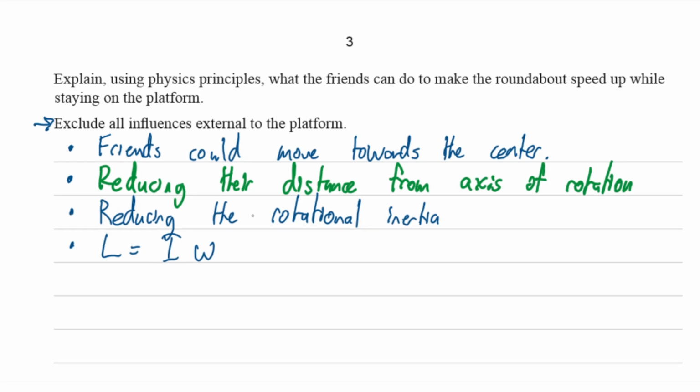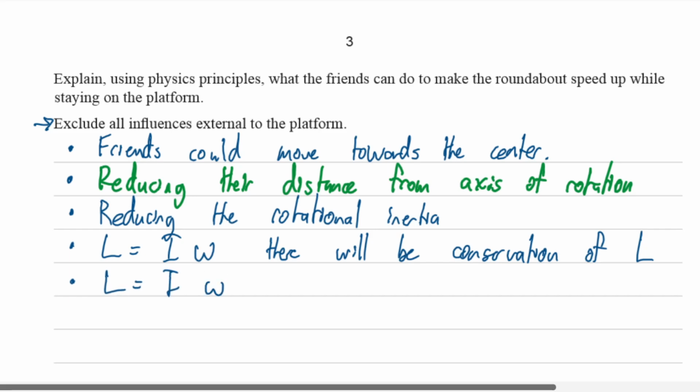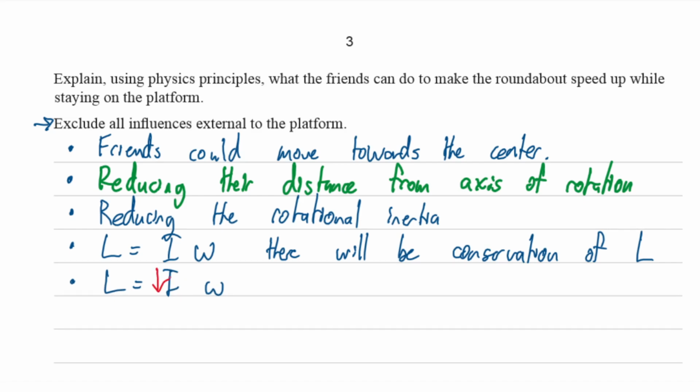We could say there will be conservation of angular momentum, which is the symbol L. And if their inertia is reduced, their angular momentum, we just said, is conserved, so that's not changing.